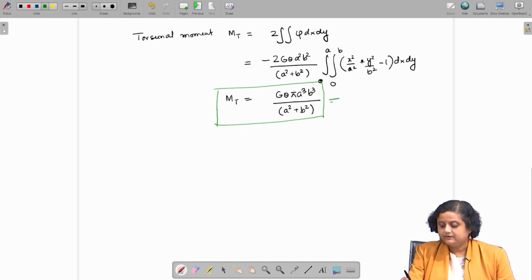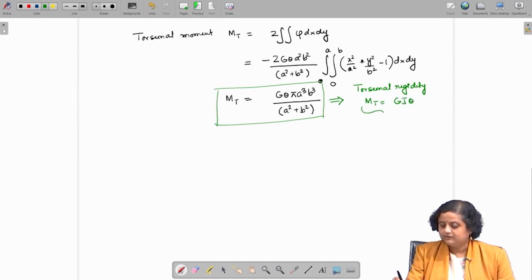Now, from this we can find the torsional rigidity, which is obtained from Mt equal to GJ into theta.